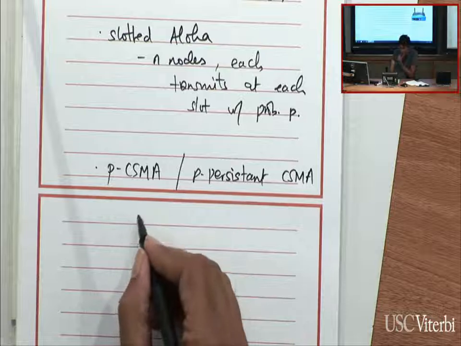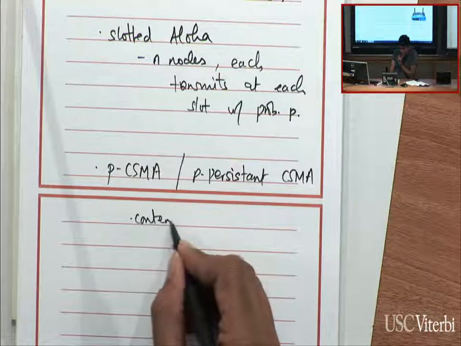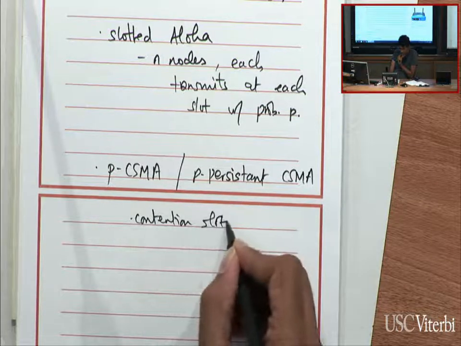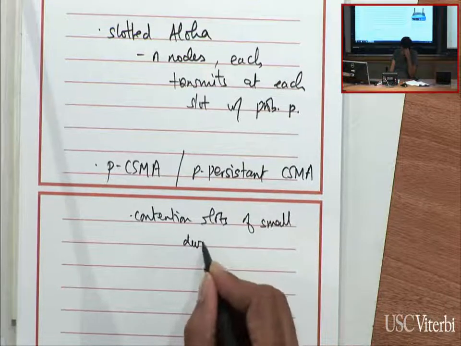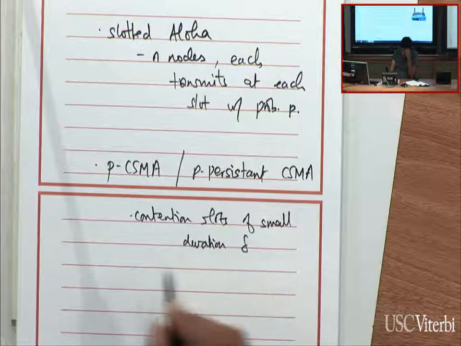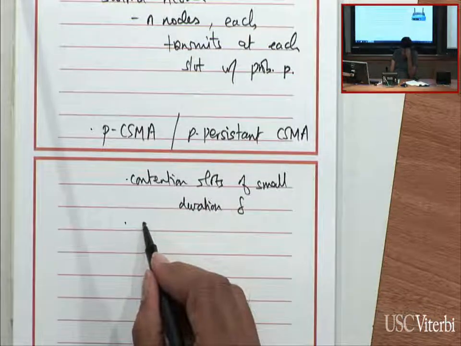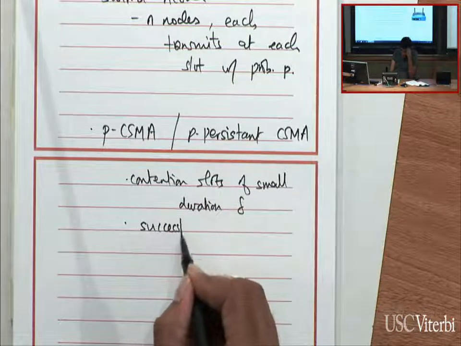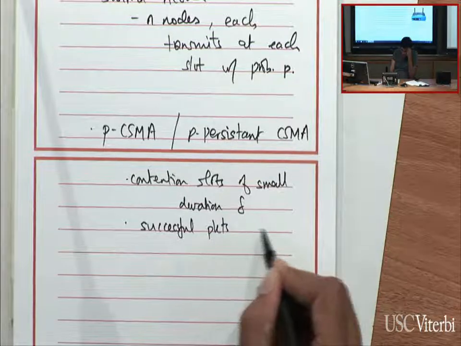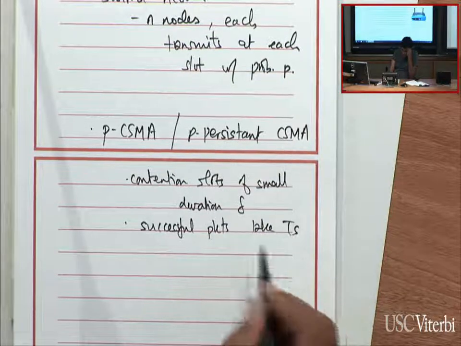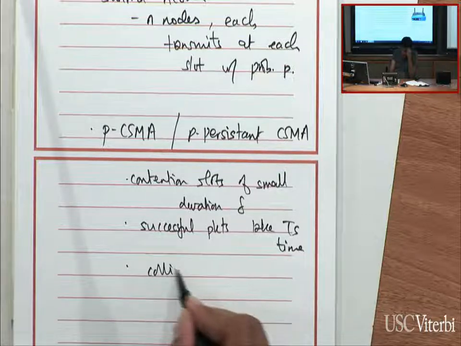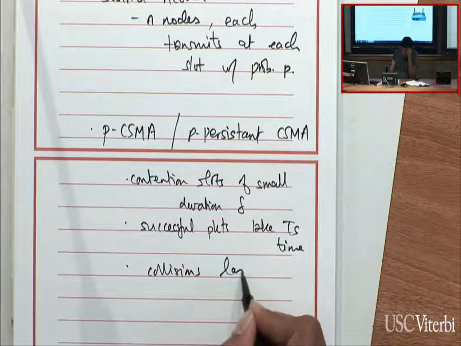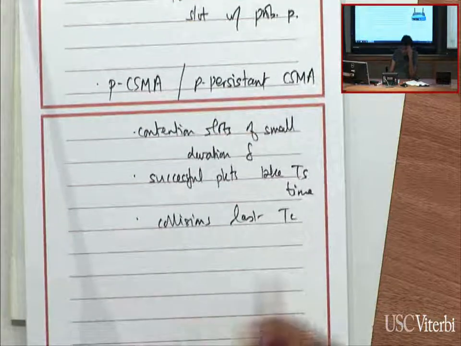So contention slots of small duration delta, and then successful packets take some time TS, and collisions last some other time TC.